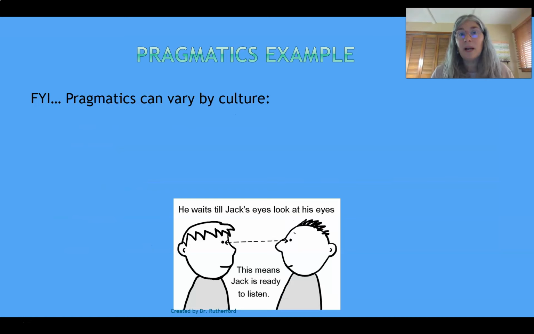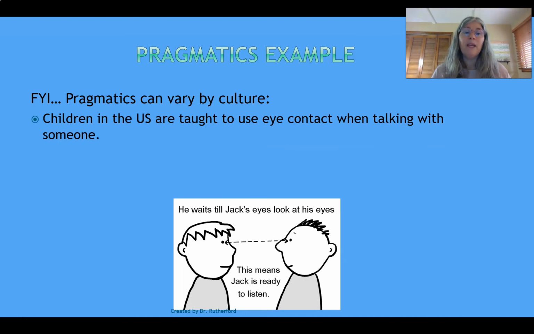So here's another example of how pragmatics can vary by culture. In the United States, children are taught to use eye contact when talking with someone. In fact, I can't tell you the number of times I've heard my husband say to our daughter, I need to see your eyes, look me in the eye when you're talking with me.